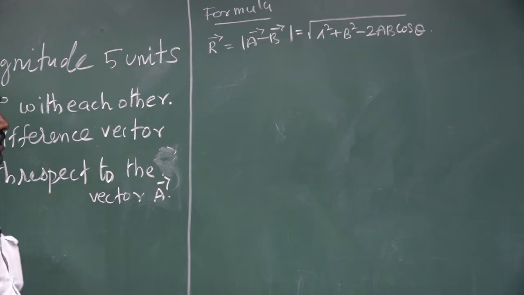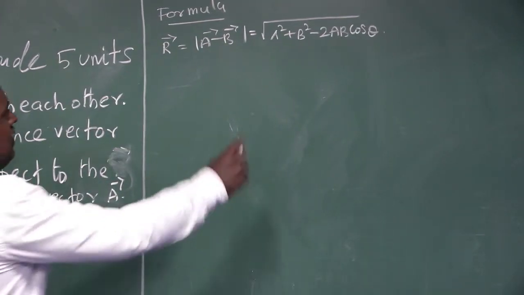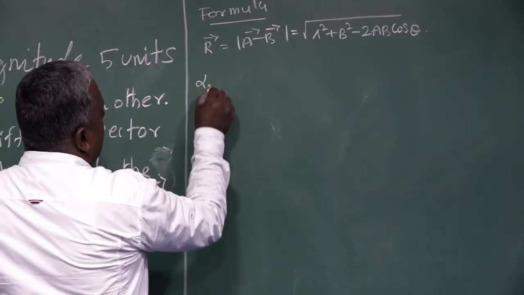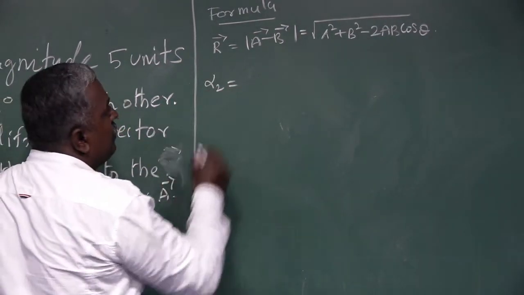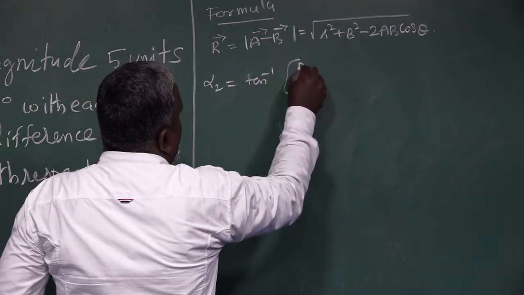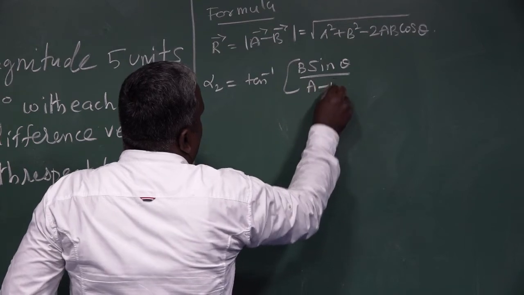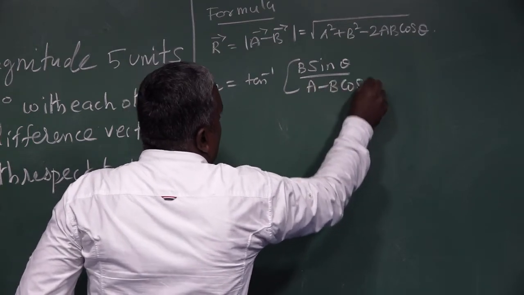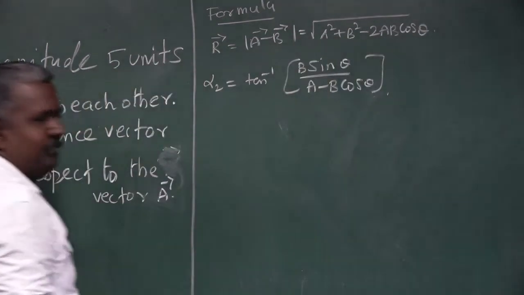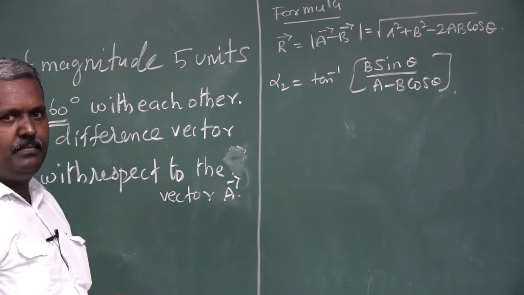This is only the magnitude of the resultant vector. Then direction of resultant, here alpha 2 is equal to tan inverse of B sin theta by A minus B cos theta. That's all. Is the formula correct? Yes.